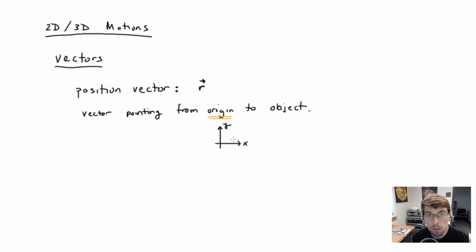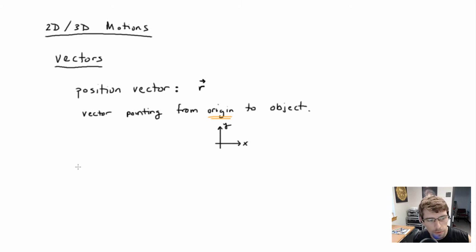A bad choice could make it impossible to actually finish the problem. Sometimes you're going to choose an axis, you'll get stuck, you'll say, maybe that wasn't the best choice, and you'll choose something else. That's perfectly fine. Just be aware that that's something that sometimes you have to actually do. Okay, so that being said, the origin to the object. That's the position vector.